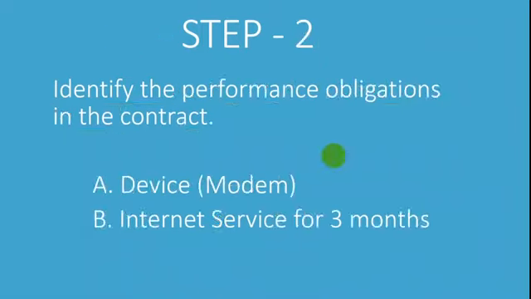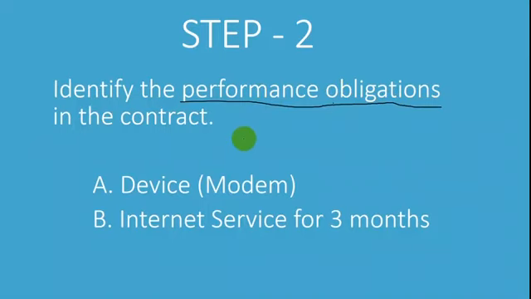Next, step two. If you take basic SD, when you are creating any sales order, if you're selling anything to the customer, you will have items in it. Those items we call performance obligations in RAR, or as per IFRS 15.